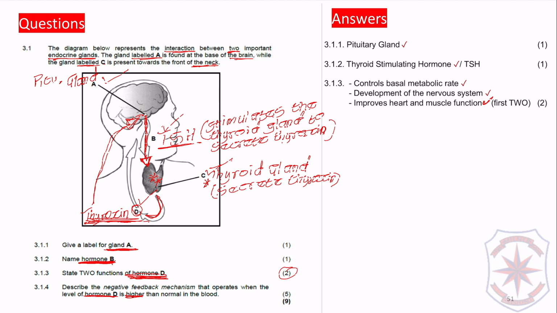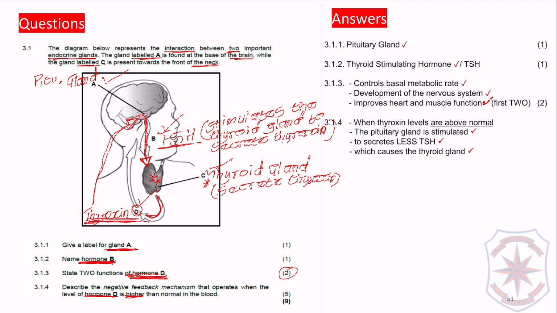The response, like in the previous video we've also said, when thyroxin levels are above normal, the pituitary gland is stimulated, 1 mark, to secrete less TSH, 1 mark, which causes the thyroid gland, 1 mark, to secrete less thyroxin, 1 mark. Thyroxin levels decrease, 1 mark, back to normal. So that is our 5 marks.